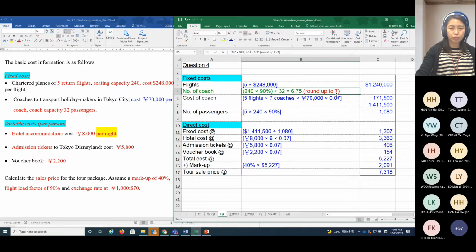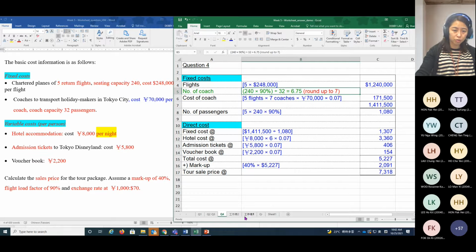You have to round up the number of coaches to whole figures, because it's hard to rent 6.75 coaches, so you have to round up to whole coaches. Next is the coach numbers, 5 flights times 7 coaches, and the cost is 70,000 yen, so times 0.07.